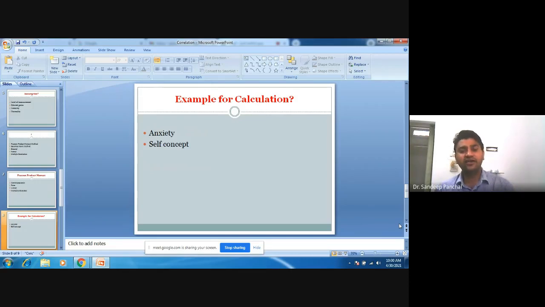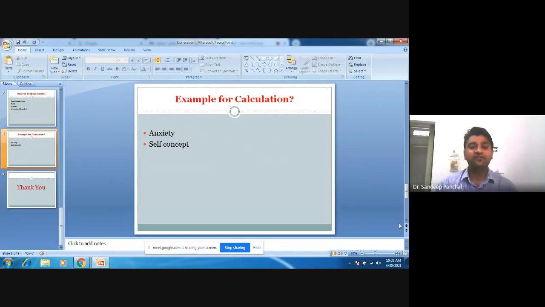We want to find whether anxiety and self-concept are related to each other or not. We have two paired variables, anxiety and self-concept, and we want to establish the correlation between them. In the next class, we will calculate the relationship between anxiety and self-concept.